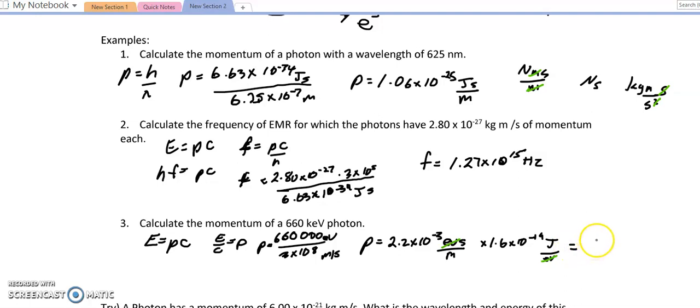And so this winds up being 3.52 times 10 to the negative 22 joule seconds per meter. And we've already established up here that that is the same as a Newton second or a kilogram meter per second. So that is your standard unit.